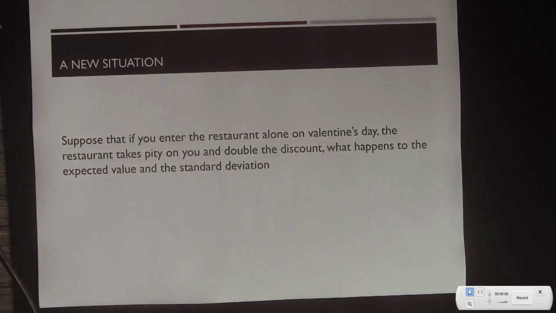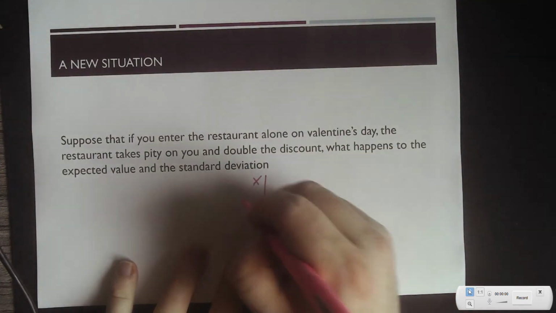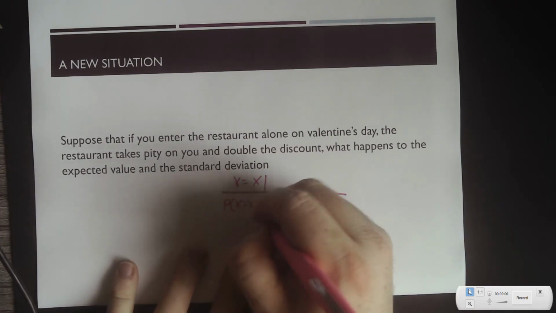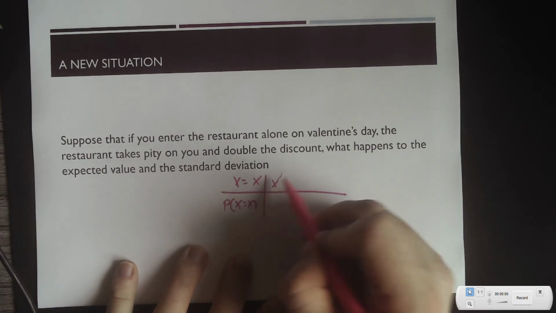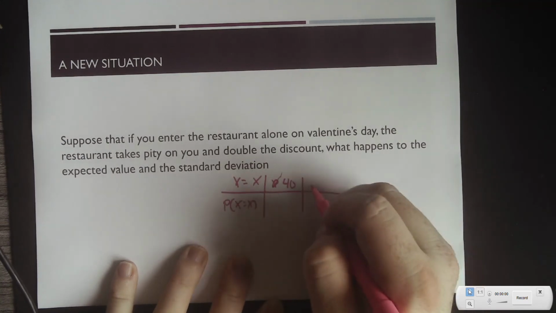Okay, so suppose that if you enter the restaurant alone on Valentine's Day, the restaurant takes pity on you and doubles your discount. Now this is different. This is going back to the original, so not the 24, but the original, which was 20, 4, and 0. So under this scenario, when you get doubled, we're going to end up with 40 if you doubled 20.